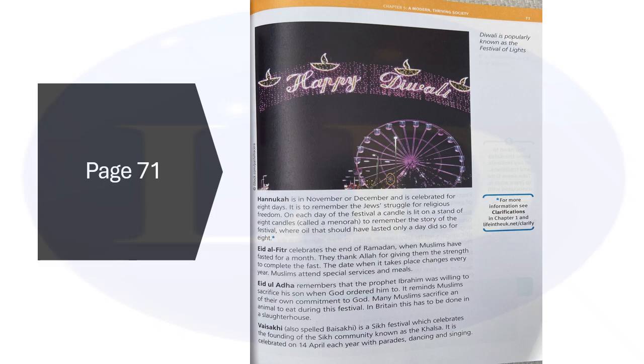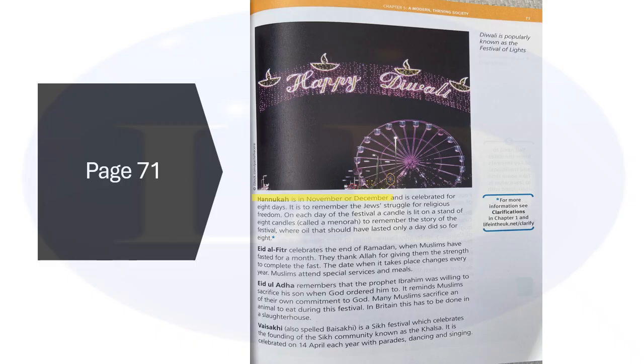The next one is Hanukkah. Hanukkah is in November. So you could see that every festival has dates. Every festival has months, and most of them are two. So for example, March and April, October and November, and December. So you have to make sure that you remember both of them.